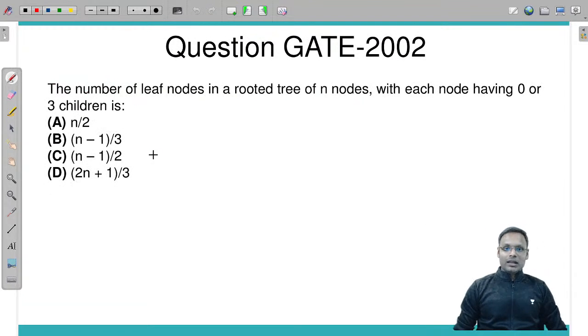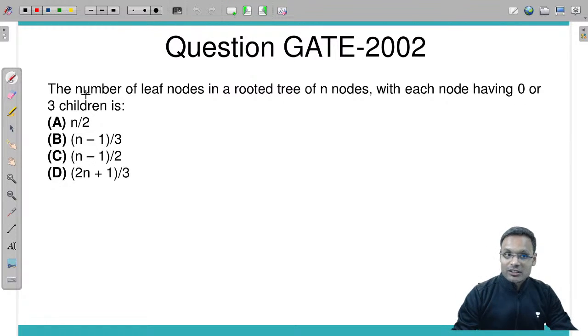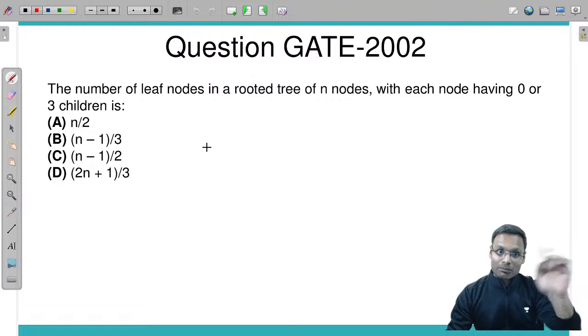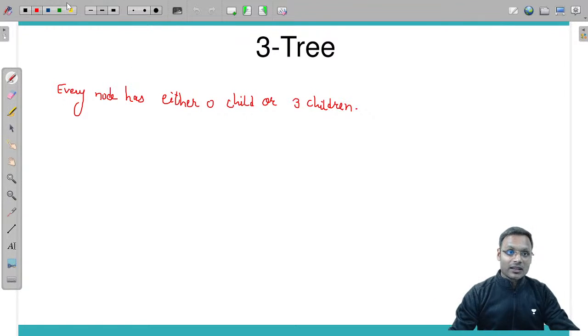Like this way. Let's have a question. Number of leaf nodes in a rooted tree of n nodes with each having 0 or 3 children. We will do this question later; I will solve one another question first.